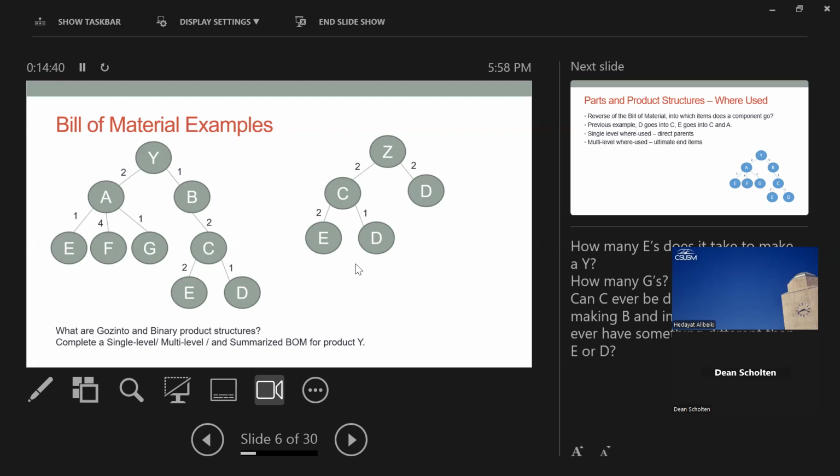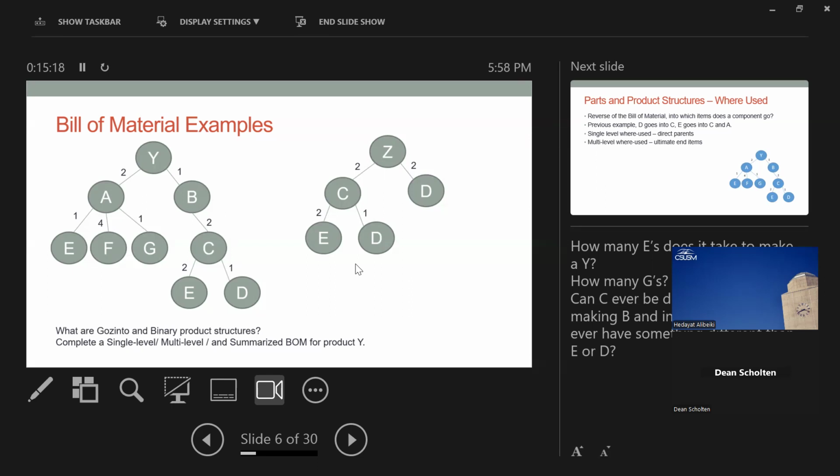So for D, we're going to wait until after we do Z and Y. Let me actually write it here. Z and Y are in level 0 as end items. Levels 0, 1, 2, 3, 4. Level 0: Y and Z. Level 1: A and B. How about C?